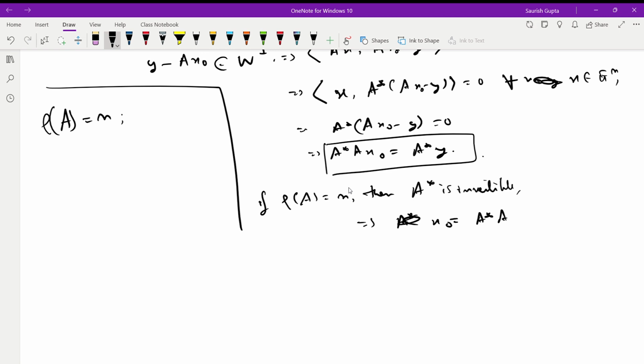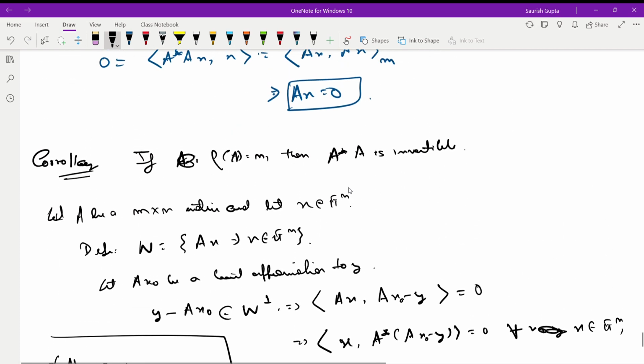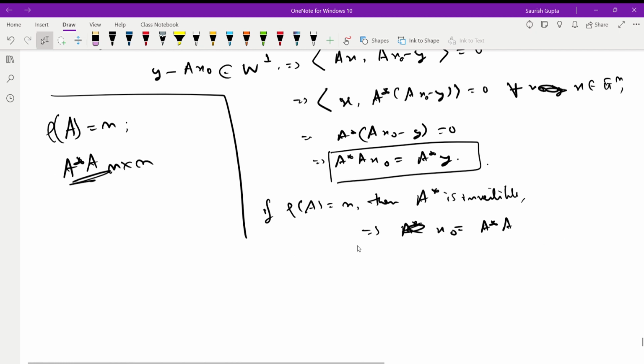Why we are focusing on the rank of A being equal to n is the fact that A star A has dimension n cross n, right?